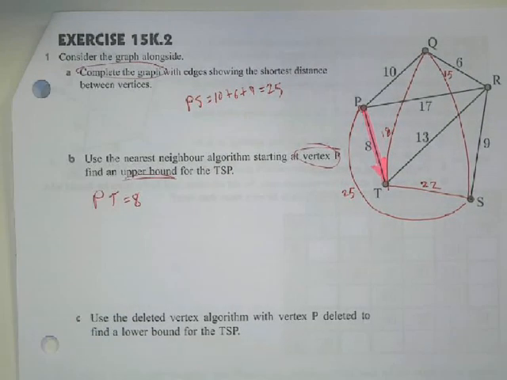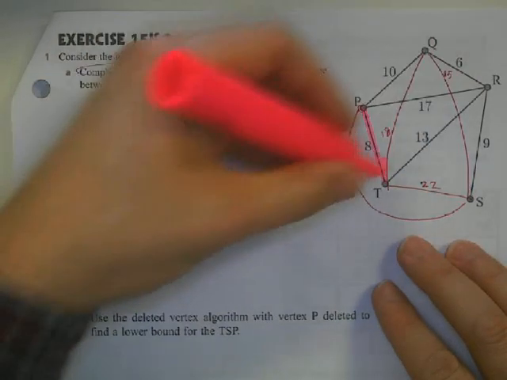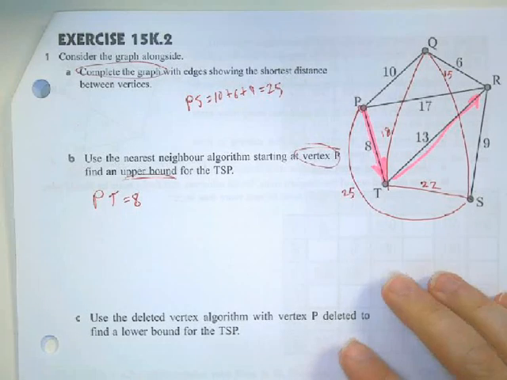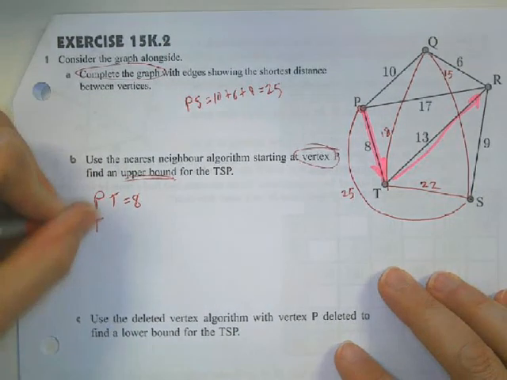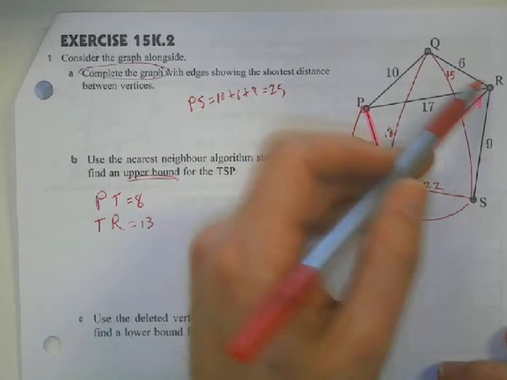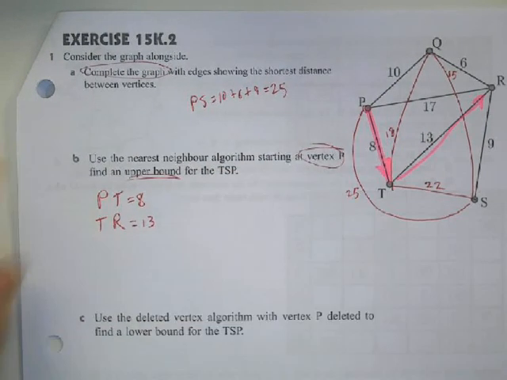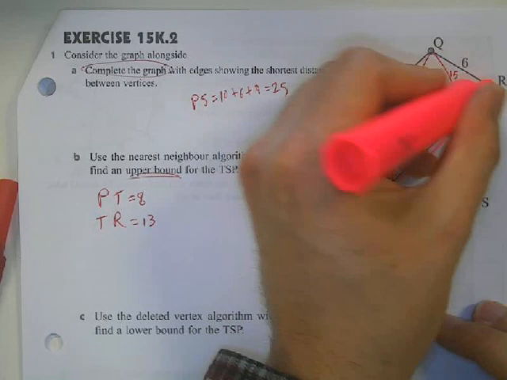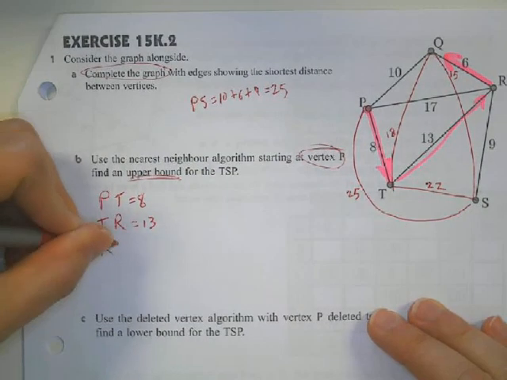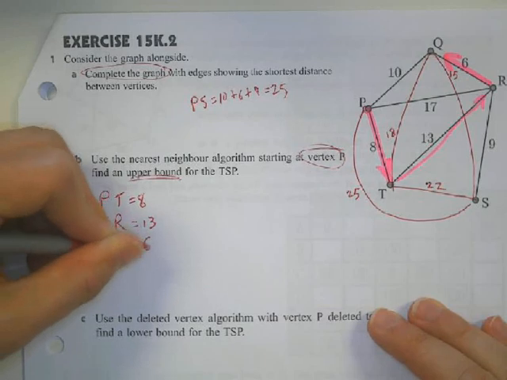And then I'm going to go, let's see, 13 looks like the shortest path from T. So we go T to R, which is 13. And then the shortest path looks like 6. So I'm going to go this way. So we go R to Q, which is 6.